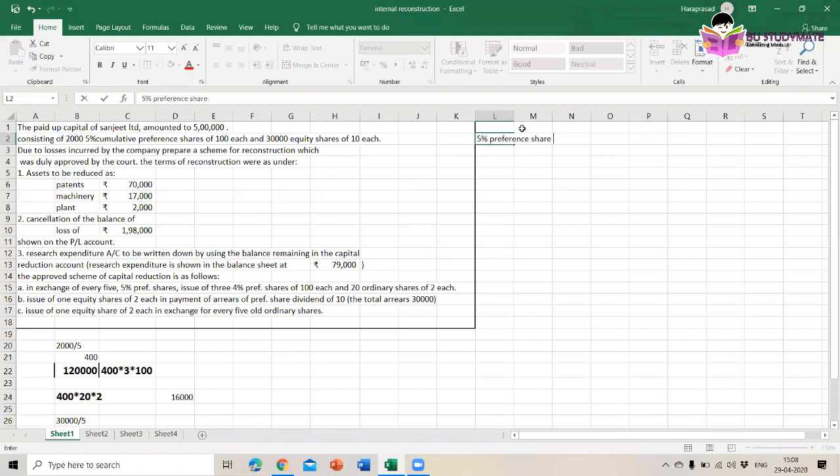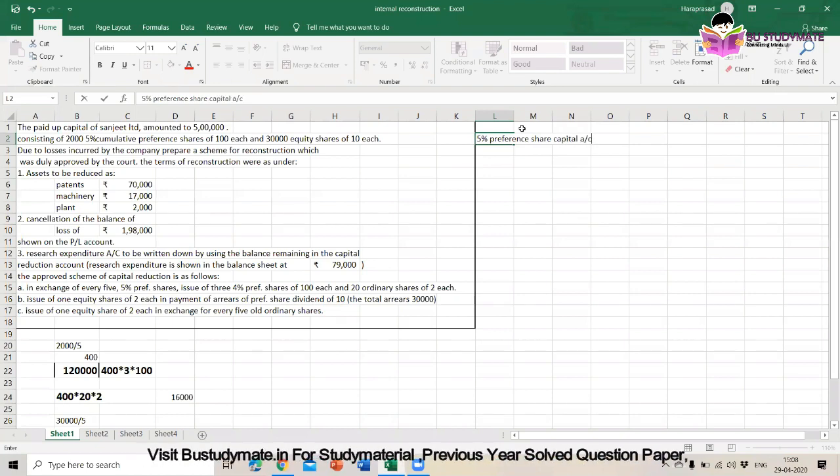5% preference share capital account debit, to how much? To 4% preference share capital and to equity share capital.